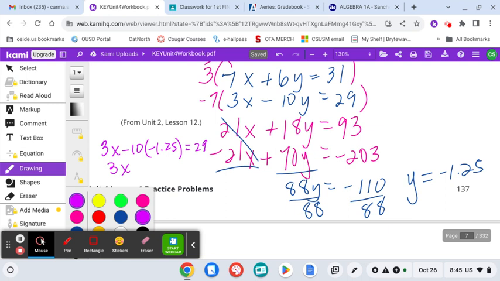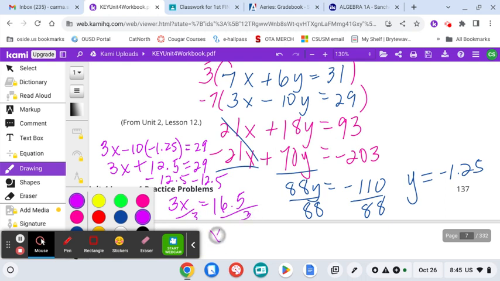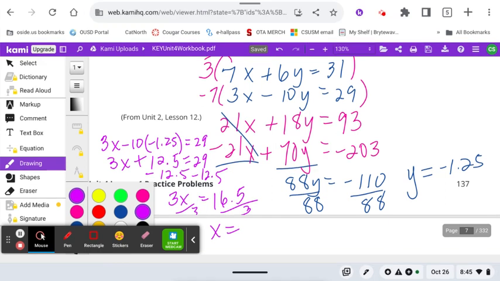It's 12.5, and a negative times a negative is a positive. 29 minus 12.5 is 16.5, divided by 3. I got 5.5. How about you?